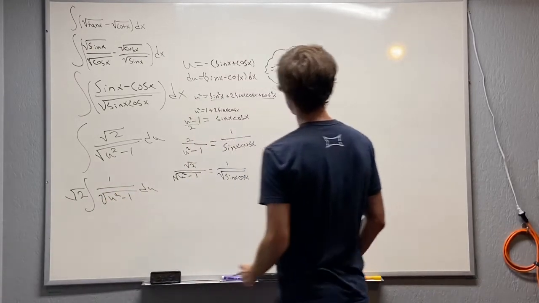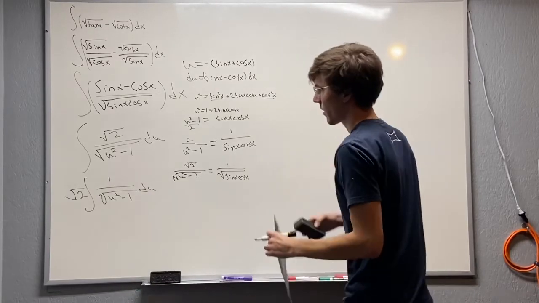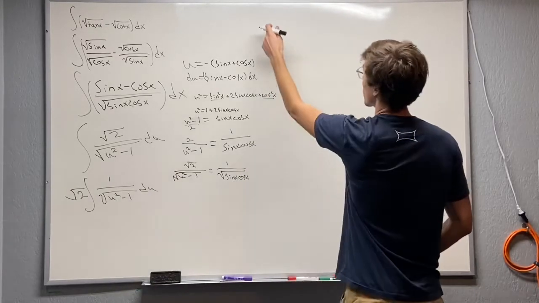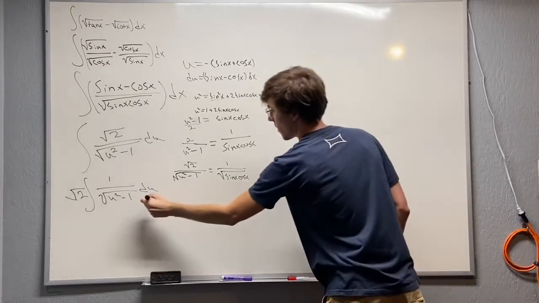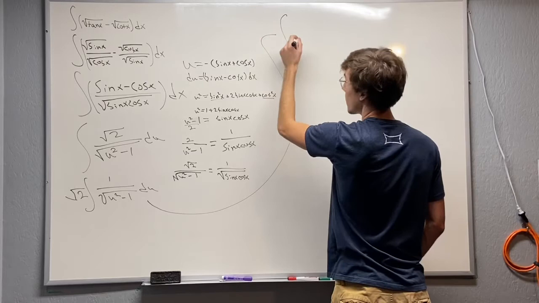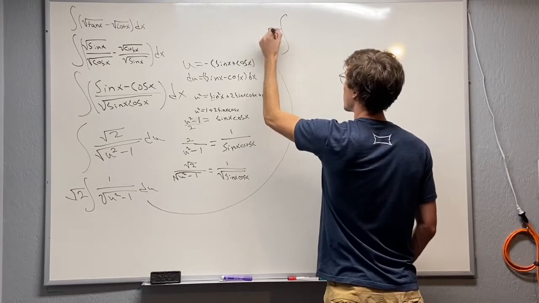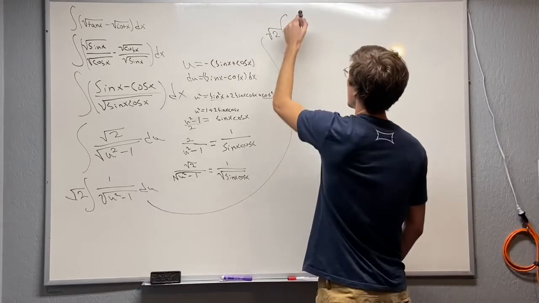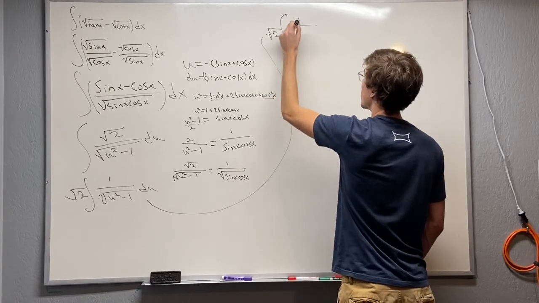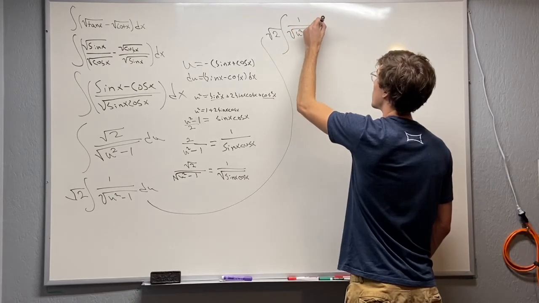All right, so let's bring this integral up right here. Root 2 of 1 over the square root of u squared minus 1 du.